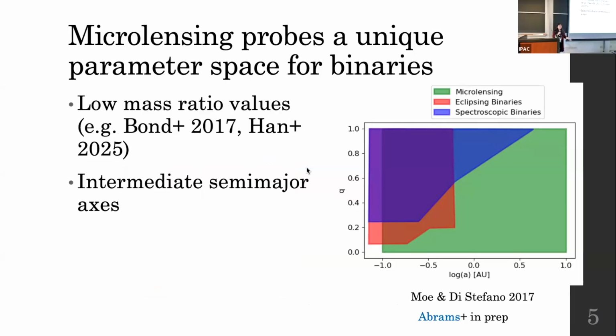You can get down to really extreme low mass ratios that aren't accessible by a lot of other means. The lowest mass ratio microlensing event found is 10 to the minus 5. Of course, that's for an exoplanet, but especially for microlensing, the math for exoplanets and binaries is identical. You can also probe some more intermediate semi-major axes than some of the other methods.